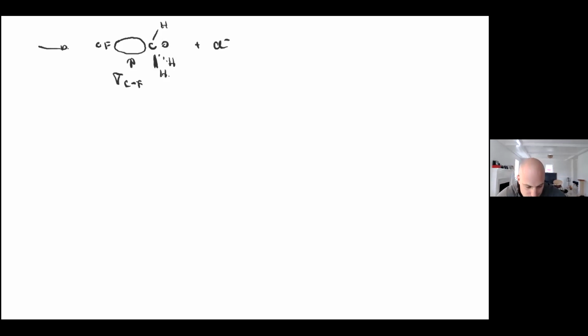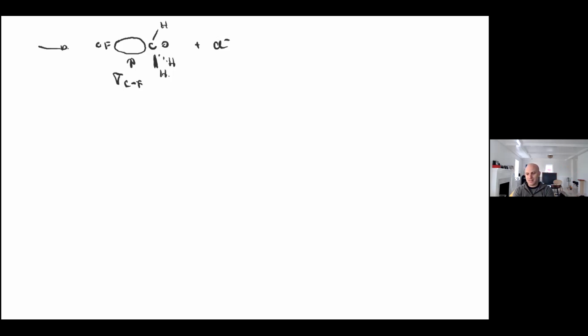So the geometry is you get backside attack. The molecular orbital basis for that is that you have this C-X antibonding orbital that has a large lobe behind carbon.